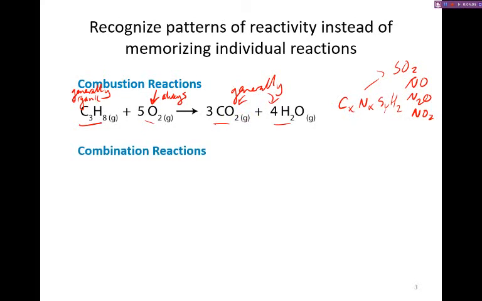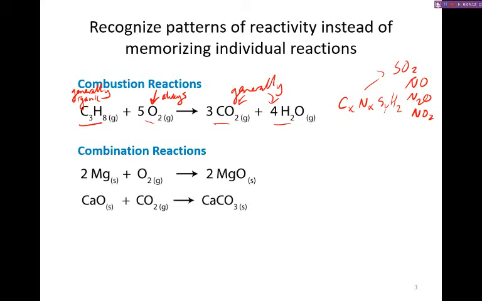Another category is what are called combination reactions. And these are cases where you take 2 elements or compounds and they form a single compound. They're fairly simple. All you need to do is recognize that we have multiple different things becoming one particular type of thing.